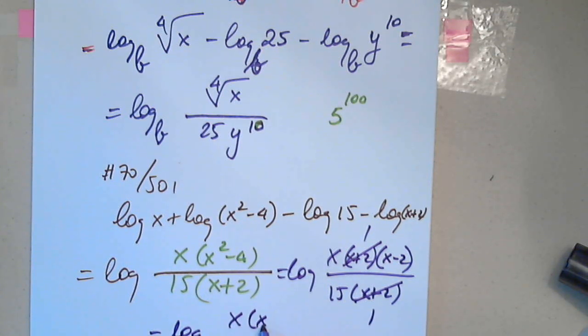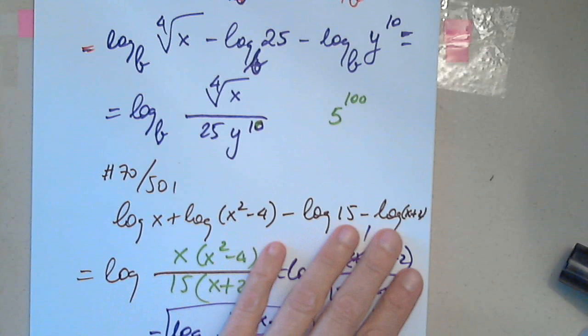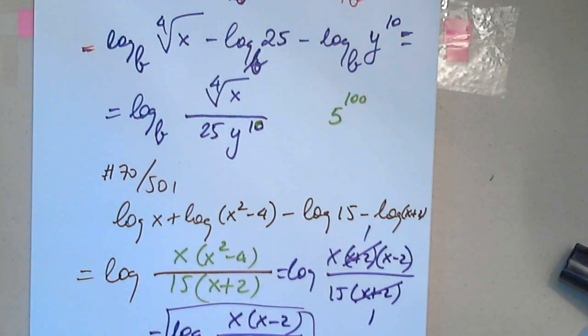So now the form is this, and I cannot do anything else to it. So this is it. You will see why we need to know how to condense. The applications are in section 4.4, in the next section.